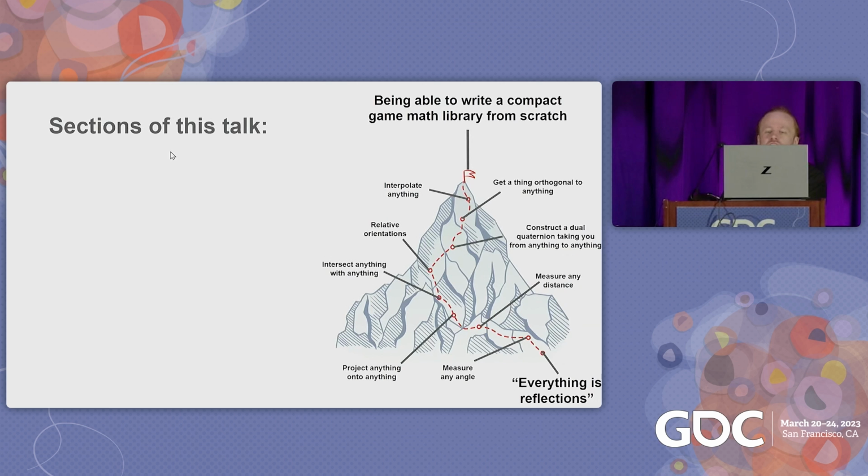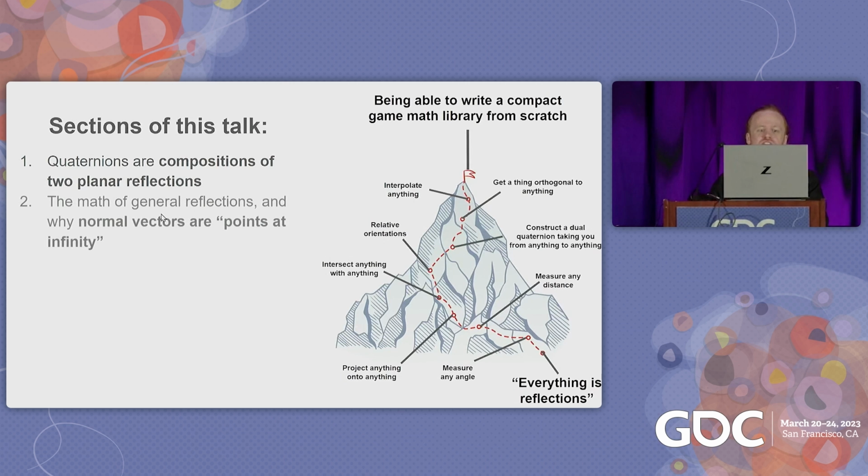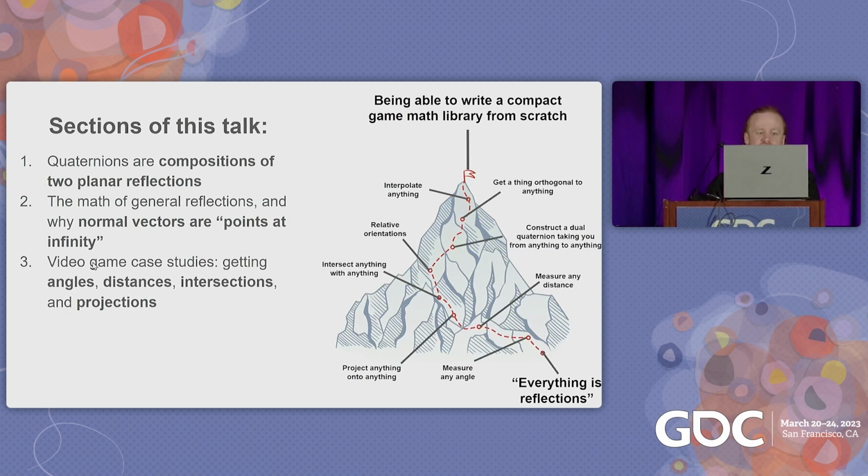And the way that we're going to walk through these things is, first we're going to talk about quaternions as compositions of two planar reflections. Then we're going to talk about the math of general reflections and why normal vectors are points at infinity. Slightly strange sounding thing to say here, but it's true. Then in section 3, this is all the usefulness. We're going to do video game case studies, so getting angles, distances, intersections, and projections of things that you want.